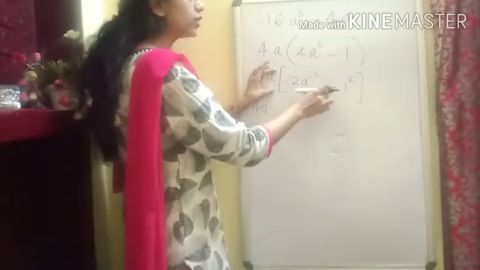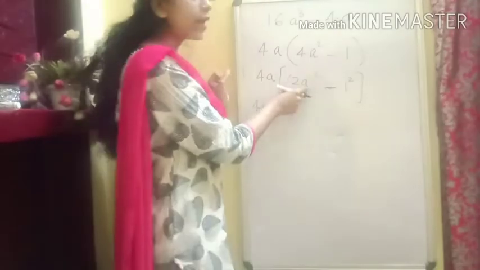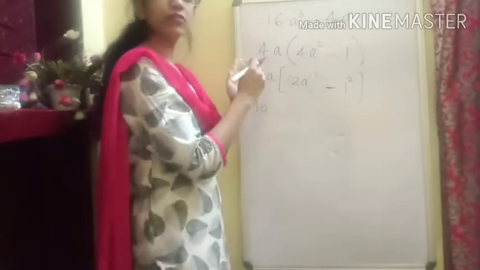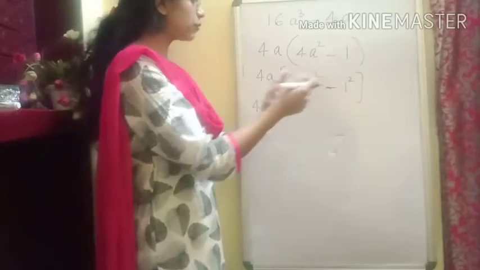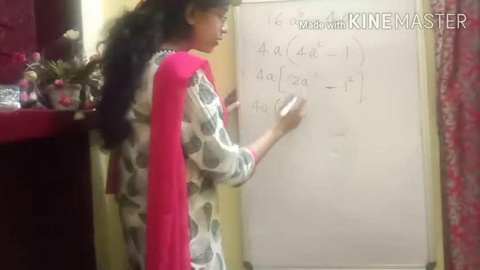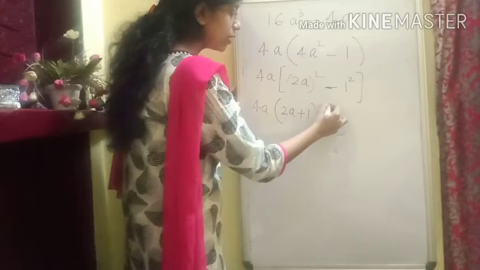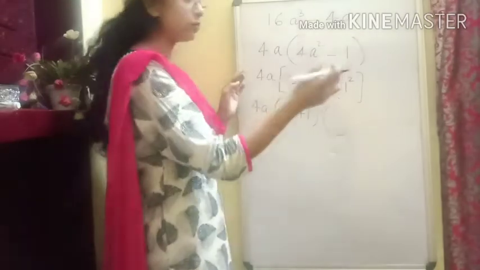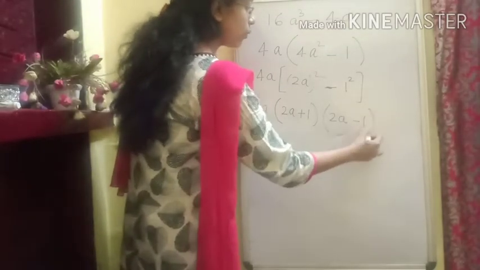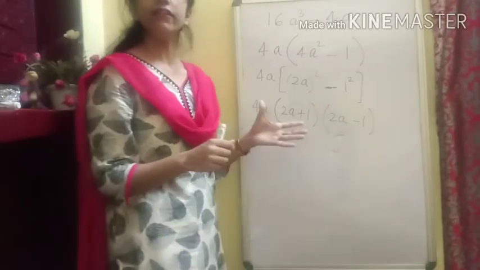It is actually the difference of two squares. But at the place of a we have 2a and at the place of b we have 1. So according to the formula, it should be in one bracket a plus b and then in another bracket a minus b. So one bracket a, what is our a? 2a. Plus b, what is our b? 1. Next bracket a minus b. What is our a? 2a. Minus what is our b? 1. And that's how we have all the terms as the factor, and this is our factor.